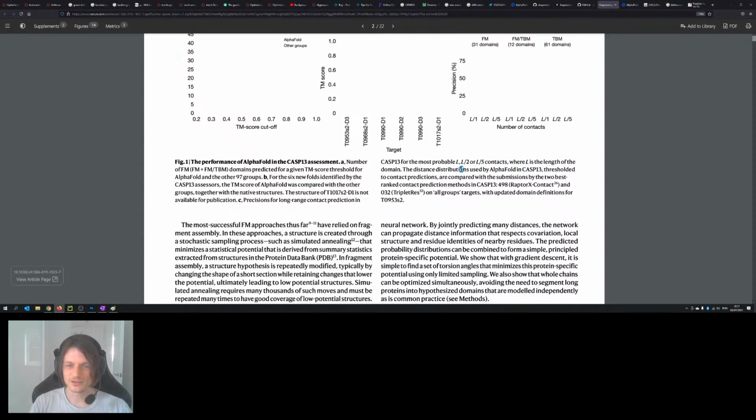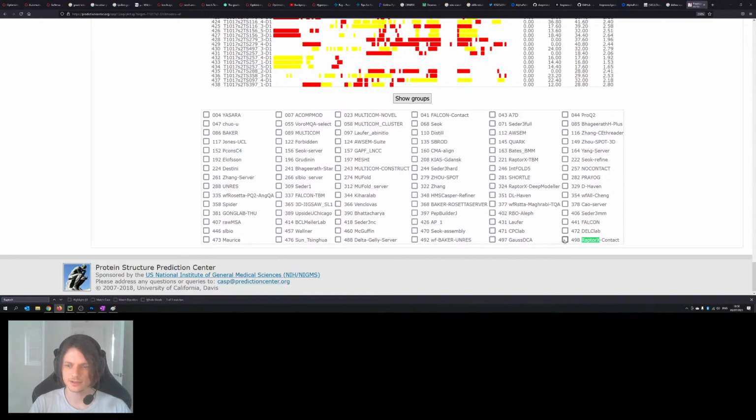Okay, the distance distributions used by AlphaFold in CASP13, thresholded to contact predictions, are compared with the submissions by the 2 best-ranked contact prediction methods in CASP13, 498 and RaptorX contact, and so threshold are compared with the submissions by the but used by AlphaFold. So where is their name in there? RaptorX. Let's see that one. RaptorX is one.